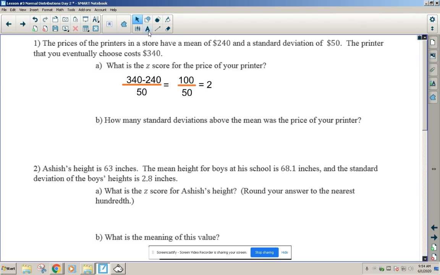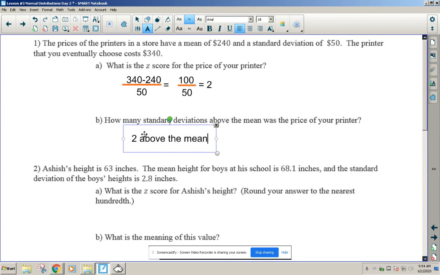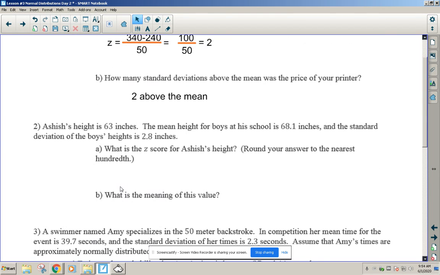You are 2 above the mean. So this is your z-score. That's it. They just want you to find the z-score.